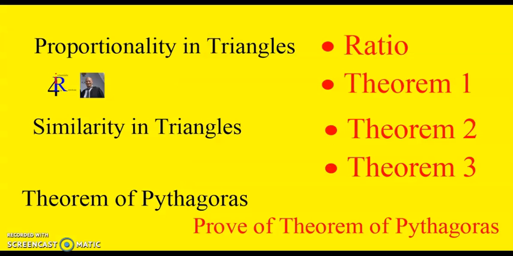When we look at proportionality in triangles, we will firstly look at the ratios and we will look at theorem 1. When we look at similarity in triangles, we will look at theorem 2 and theorem 3. And then also the theorem of Pythagoras, how to prove this theorem using the corollaries from theorem 4.